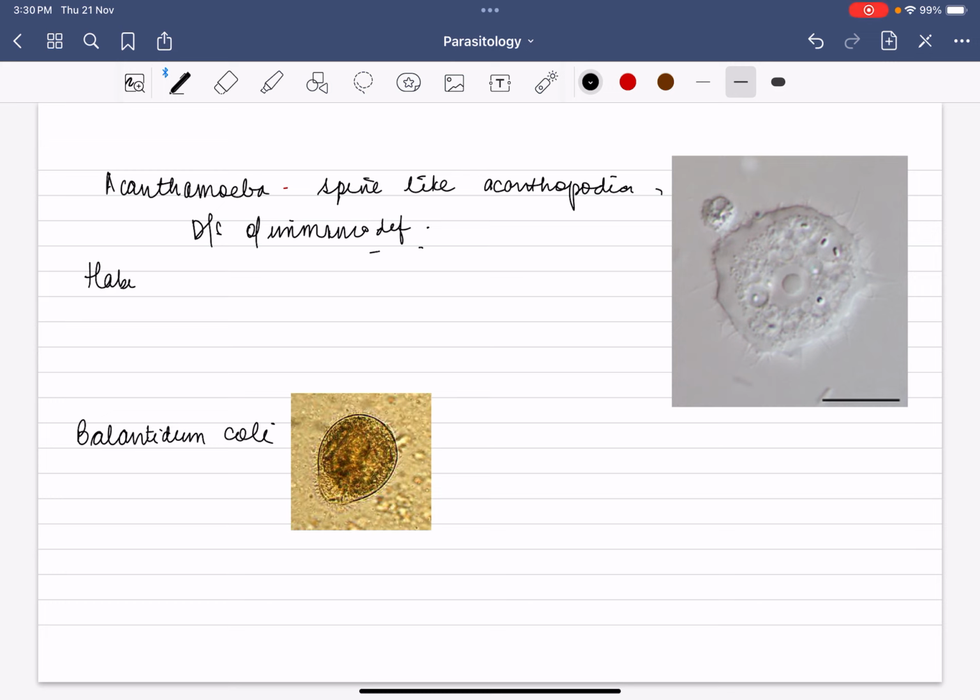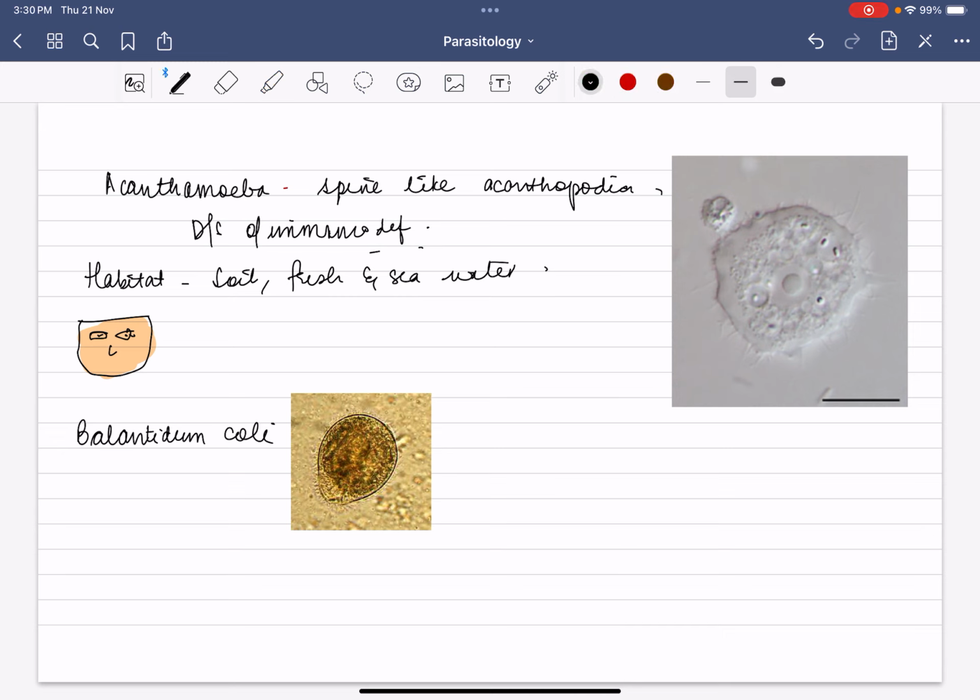Habitat of it is soil, fresh water, and seawater. Now, how does it enter? It enters through your eyes, nose, and your skin.